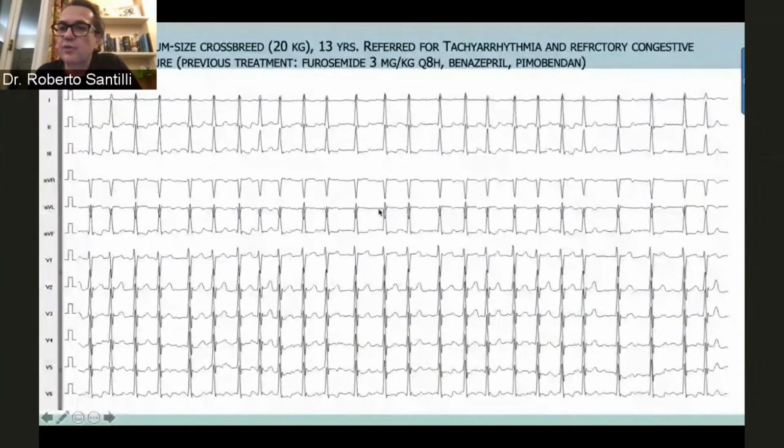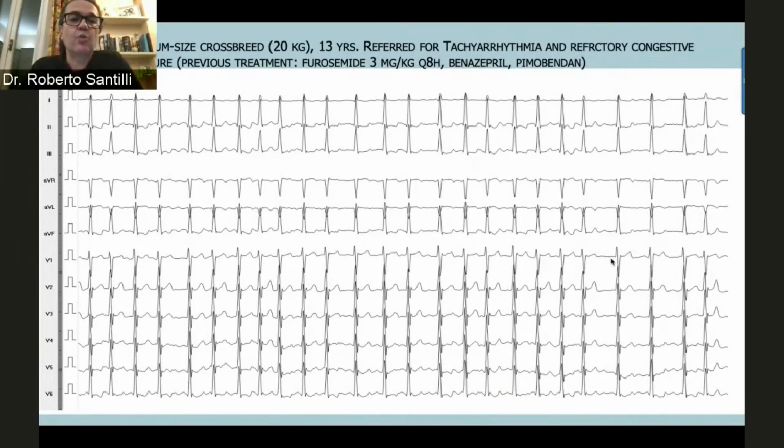AVL is also fibrillating with very, very flat F waves. And then using our precordial system, I also want to look at the right atrium, and the right atrium is a fine fibrillation, coarse fibrillation. So for sure, this dog has a long-standing persistent atrial fibrillation.